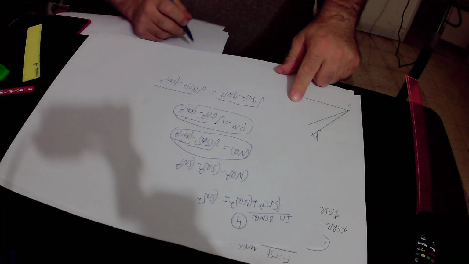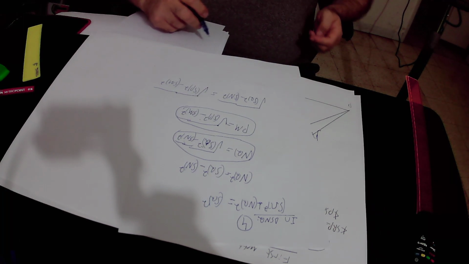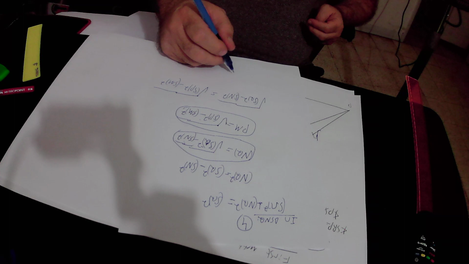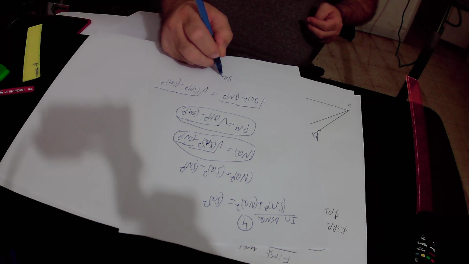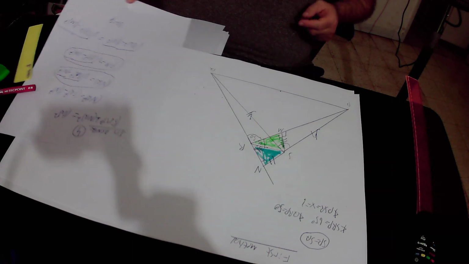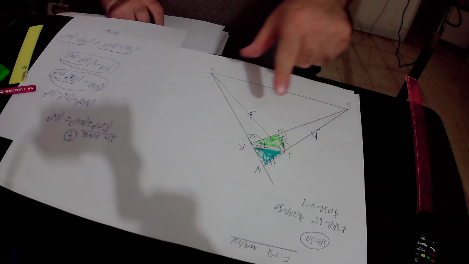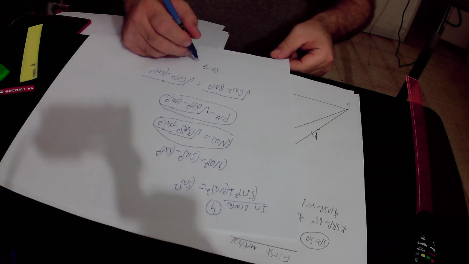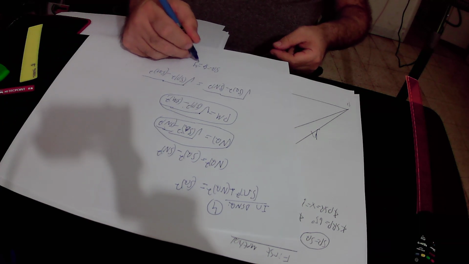Those two expressions are equal to each other. Why are they equal? Because SQ is equal to SP, according to what is given in the question. SQ is equal to SP, and we define both of them as Y, so they are equal to each other.